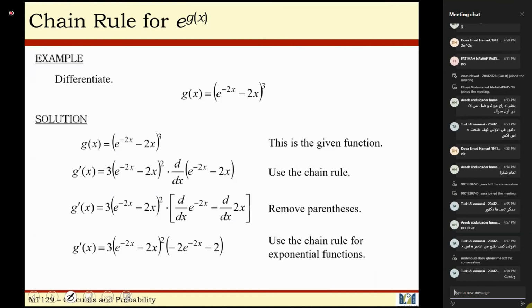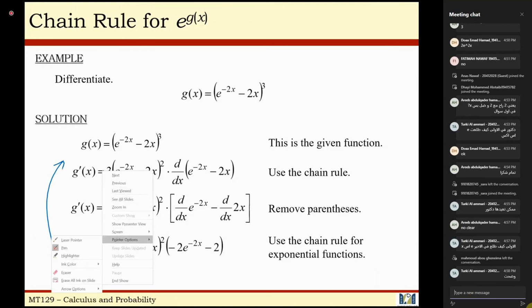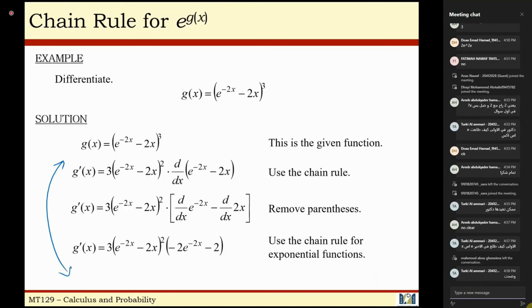Another example. Look at this. This is very easy. Find the differentiation. This is in one line. No need for this one. We can find the derivative in one line. Look at this. G prime of x equals, firstly we have the power, put the power 3, the same brackets, new power equals what? 2.